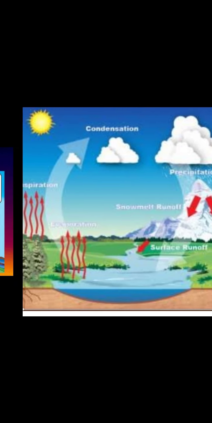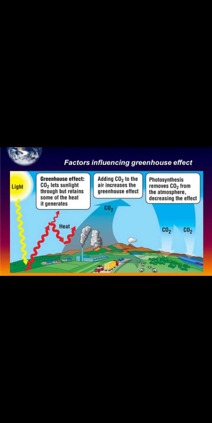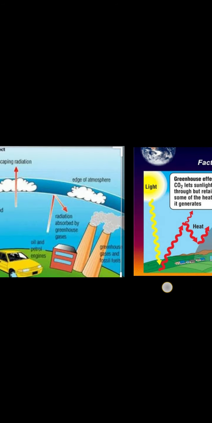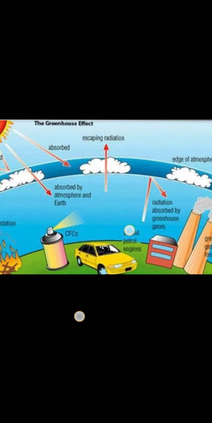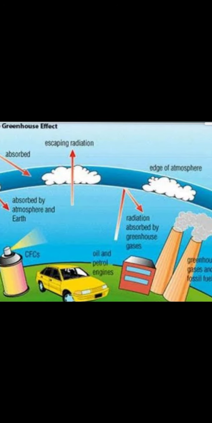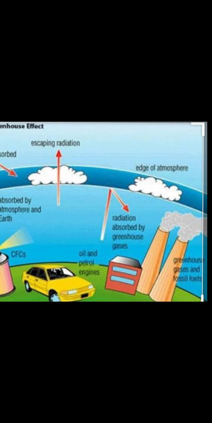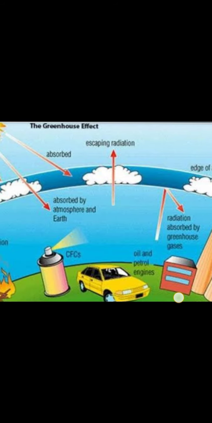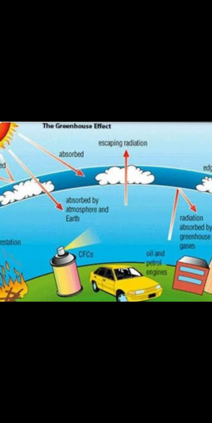This is called the natural thing. But humans are using CFC gases. They use a lot of transport, and they run different factories. Smoke is going up into the atmosphere.